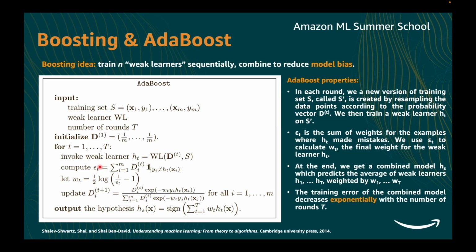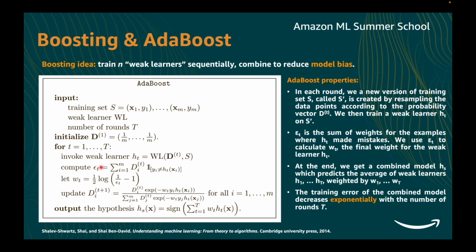So if my predictor is perfect, then this error term will be 0. If my predictor is horrible, my error term will be 1, right? But typically the weak learning algorithm WL is going to create something which is not perfect, but it's not absolutely terrible also, right?